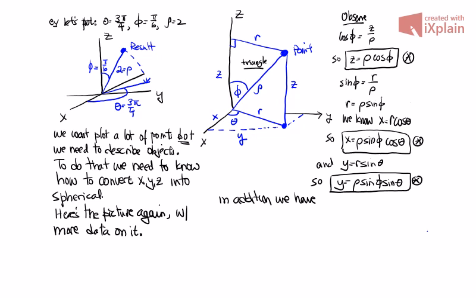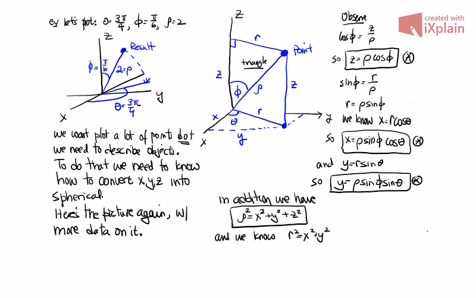we have rho, which is the distance to the point. Using the Pythagorean theorem, we have rho squared equals x squared plus y squared plus z squared. So this is useful in its own right. And then in addition to that, from polar, we know r squared is x squared plus y squared.